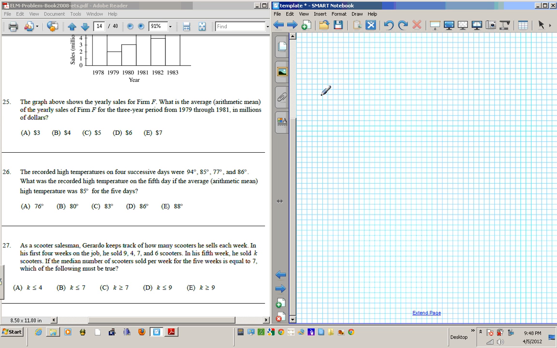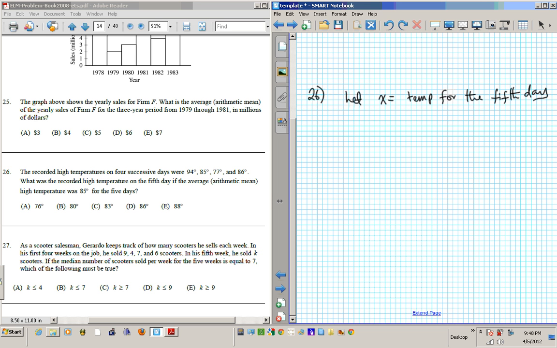So if the mean is 85, let's declare the variable we need first. Let x be the temperature for the 5th day.